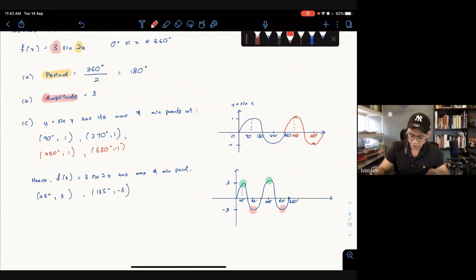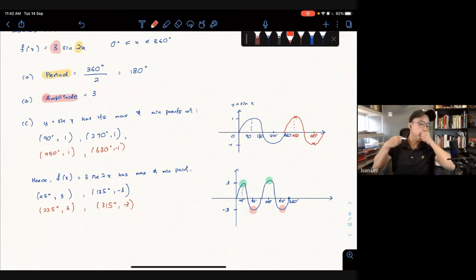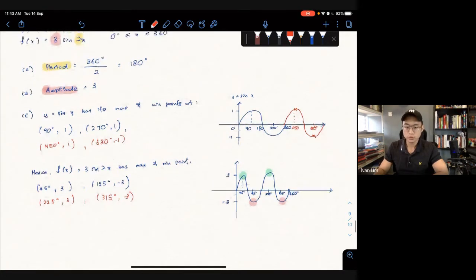So you see your 450 degrees, what happened? Also divide by 2, so it will be 225 degrees, 3 and 315 degrees, -3.